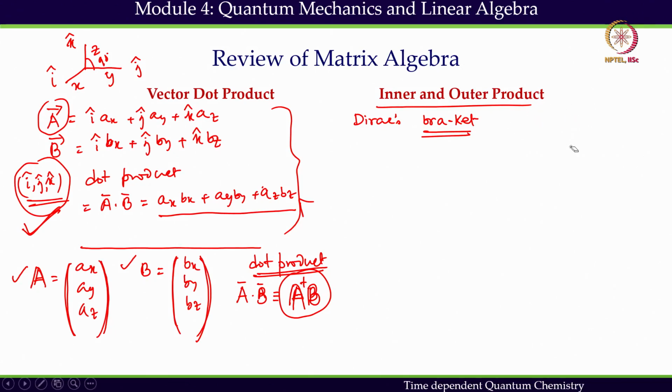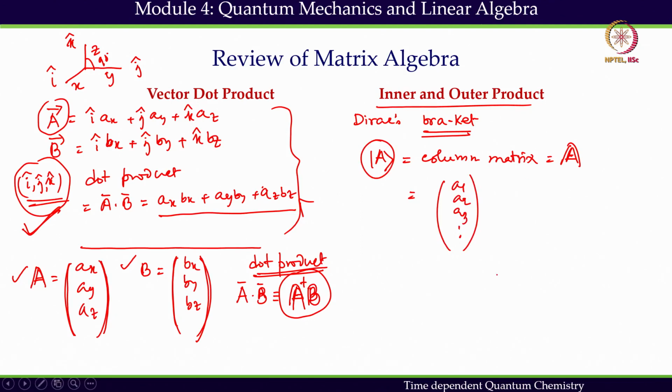In the bracket notation, Dirac notation, this A, the column matrix, is represented by this notation. It is nothing but A1, A2, A3 like this. An adjoint is represented by this.